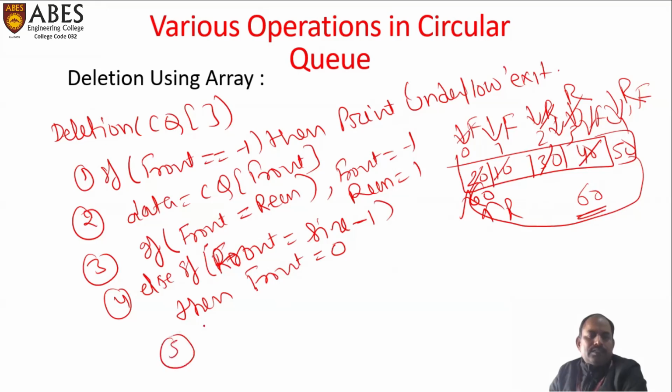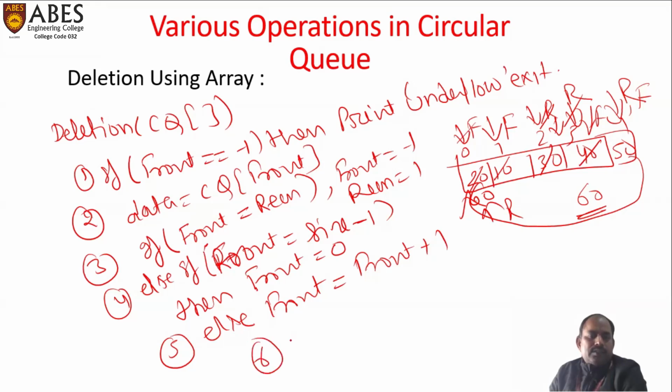Now, the last condition is else: front is equal to front plus 1, which is similar to linear queue. Okay.